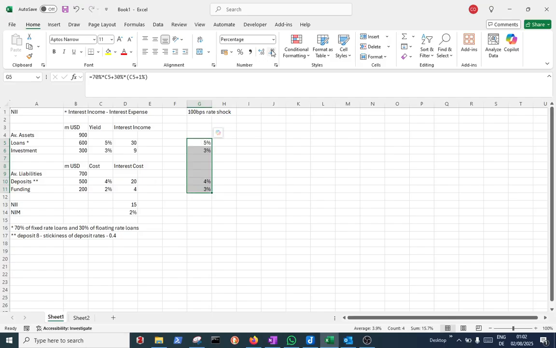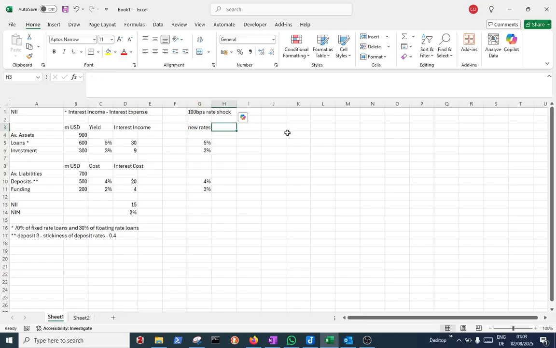Those are the new rates, and once again, those are a very simplified version of simulation in reality. Let's call them new rates.